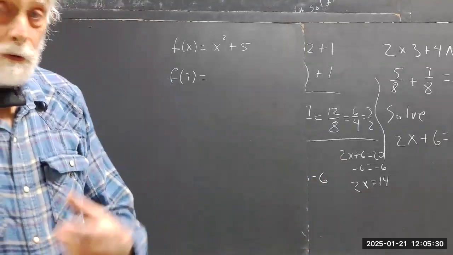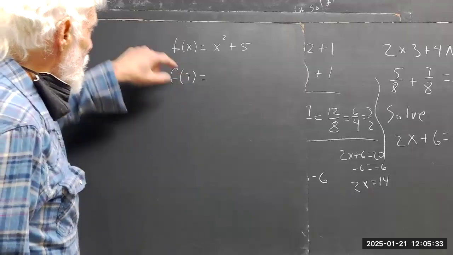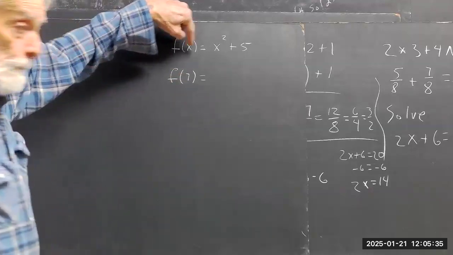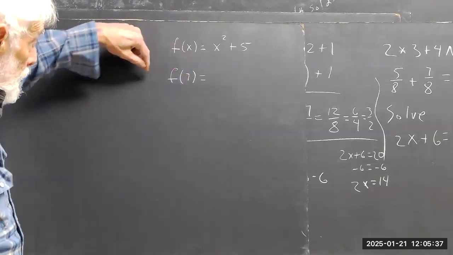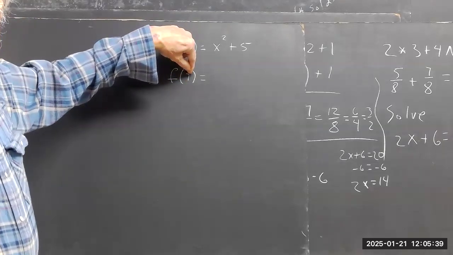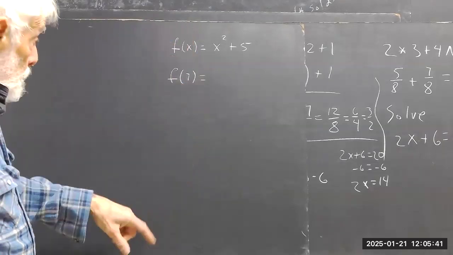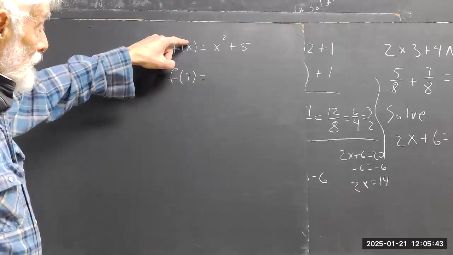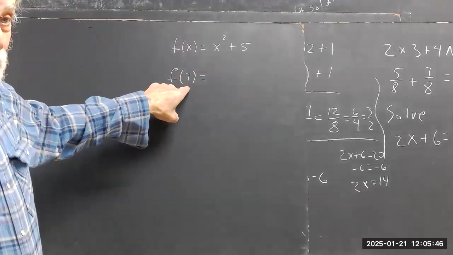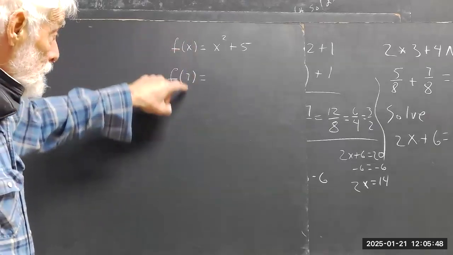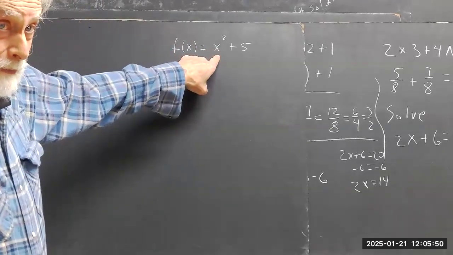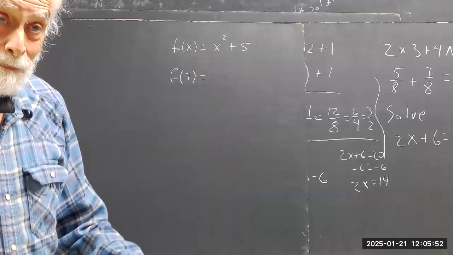It's really not difficult. Look. I have here f with an x here, right? And here I have an f with a 7 here. Okay, so what's happened is x now has a value 7. And if x is 7, then this x is 7. Does that make sense?